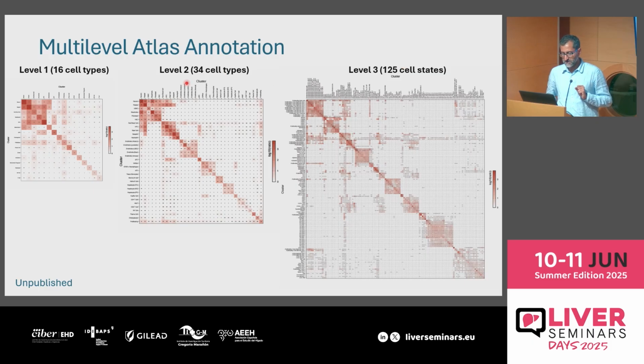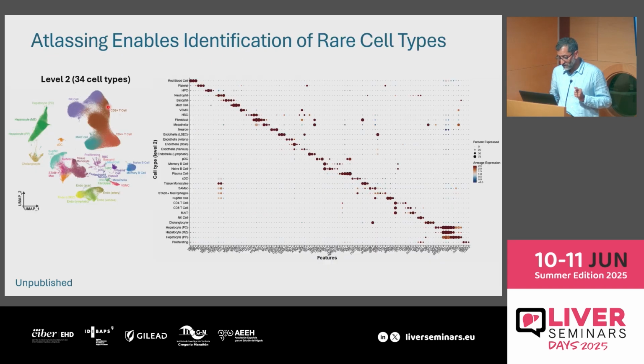So we've made a level 2 and a level 1, which group transcriptionally similar cells together. Depending on what you're using the data for, you may want to have hepatocytes grouped together rather than different subpopulations of hepatocytes. And just to show the benefit of this kind of large-scale data, if we go to our level 2 atlas, which has 34 cell types, we can start to identify rare populations.